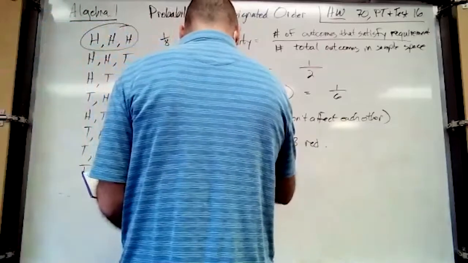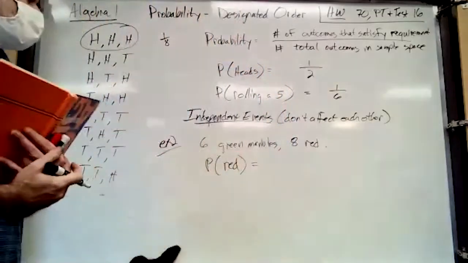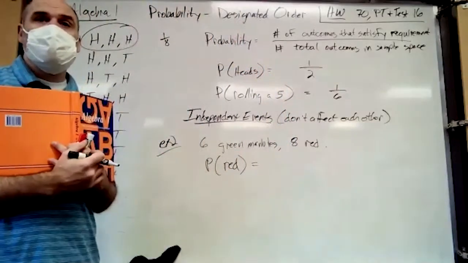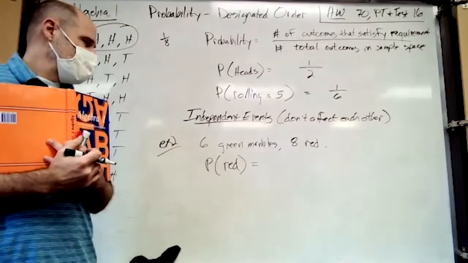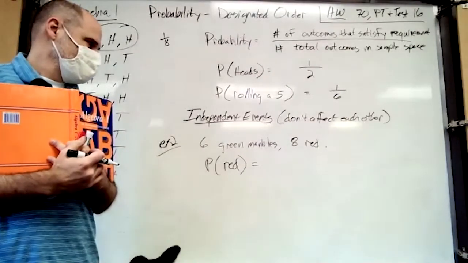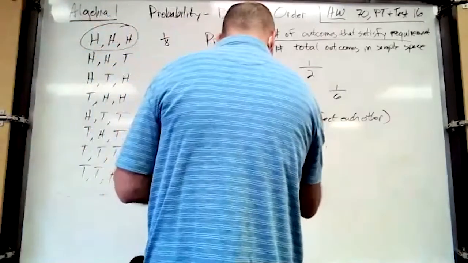Okay, well, let's just try this. What's the probability of getting a red marble? Eliana? 8 out of 14. Yeah, 8 out of the total number of marbles, which is 14. Good.